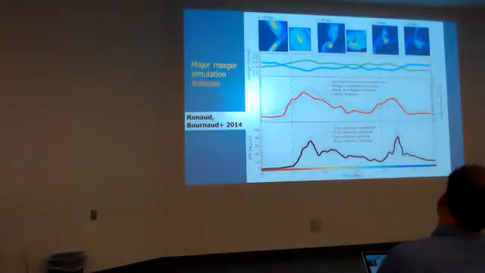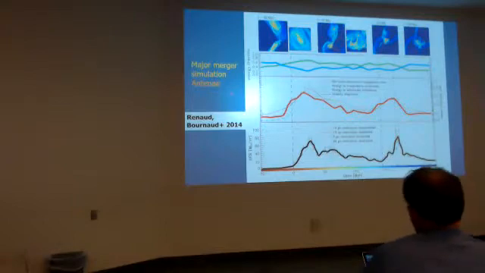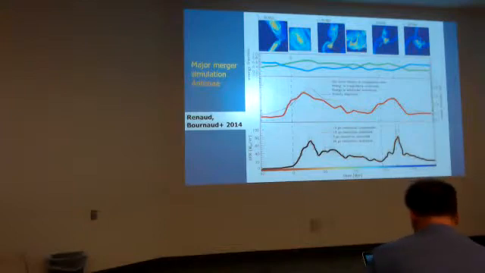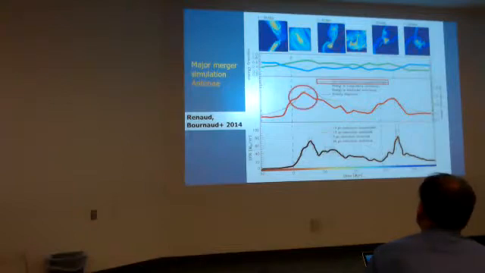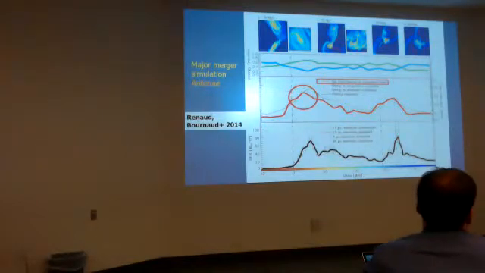Now, just to show you how that situation in principle could happen, this is taken from a major merger simulation by Renaud and Bournaud et al. And what they found in this major merger simulation was that around the time of the first pericentric passage, the fraction of gas mass which was experiencing a compressive tidal force spiked.